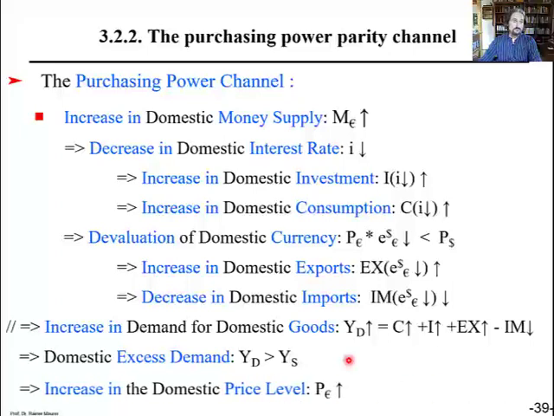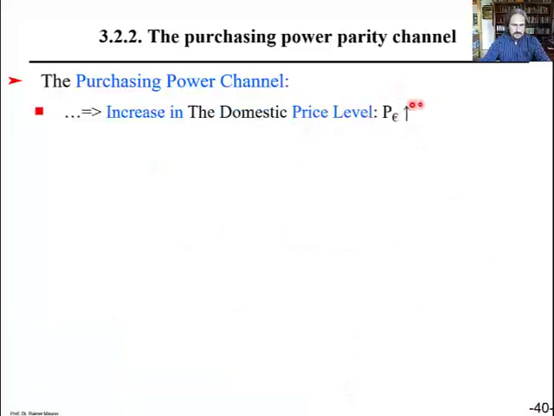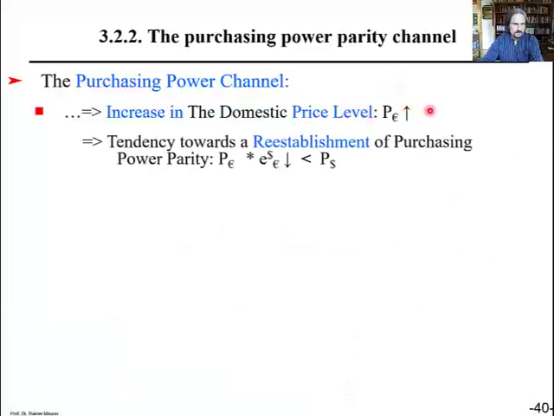And now, after a certain time lag, typically in the European area half a year up to one year, the price level starts to grow. So now the prices of domestic goods get more expensive. And this increase of the domestic price level affects now again the purchasing power parity relationship.